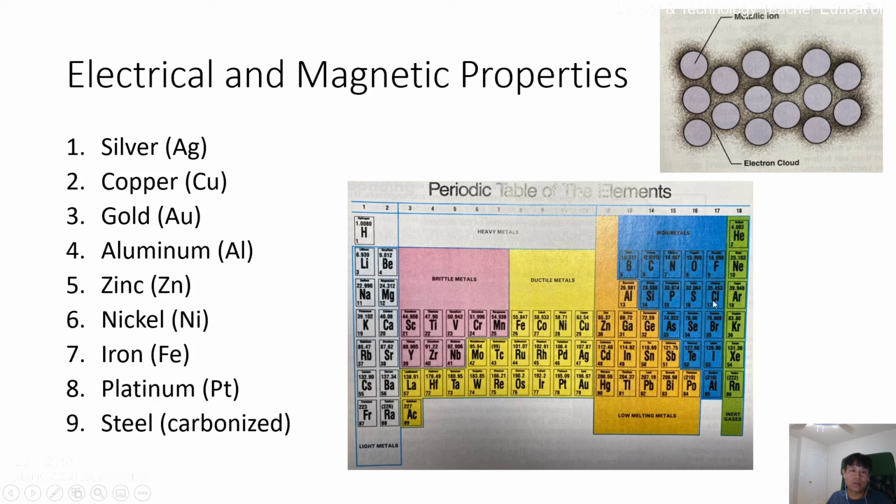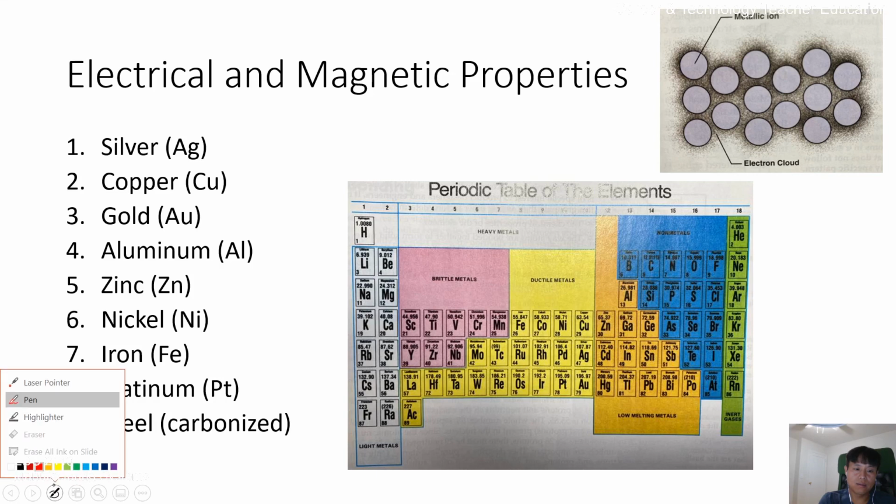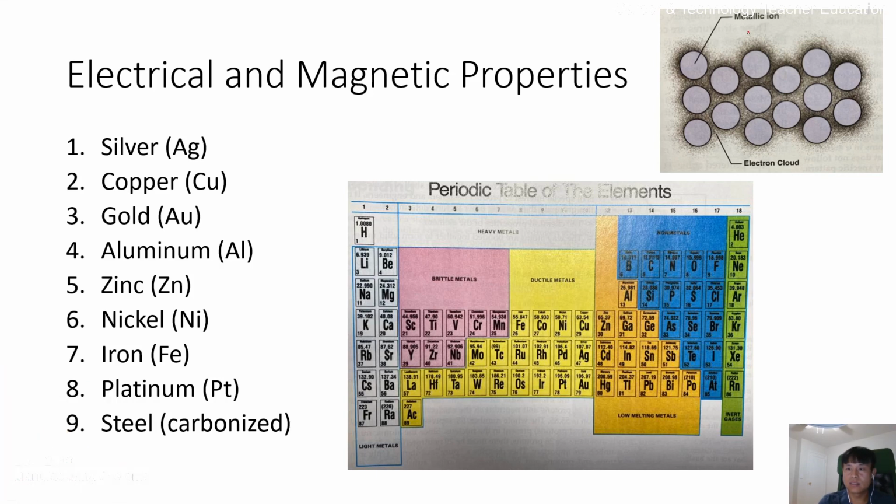And this one, electrical and magnetic properties. Most metals have electrical conductivity because metals use metallic bonding, like this.